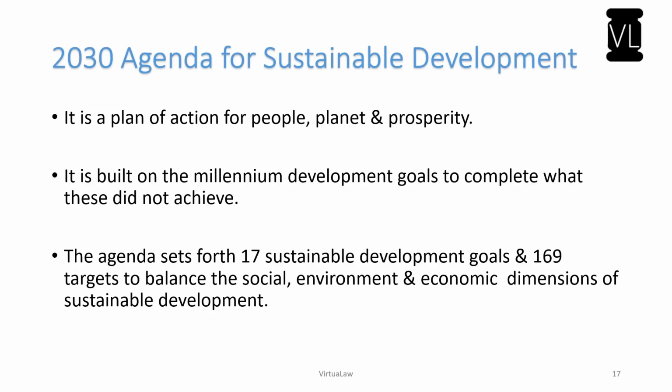Whatever you have seen earlier, eradication of poverty, education, primary health, maternal health, child mortality rate, everything is covered under these 17 goals, and they have set 169 targets to balance the social, economic, and environmental dimensions of sustainable development. Okay, so this is the document which talks about the 2030 Agenda for Sustainable Development.